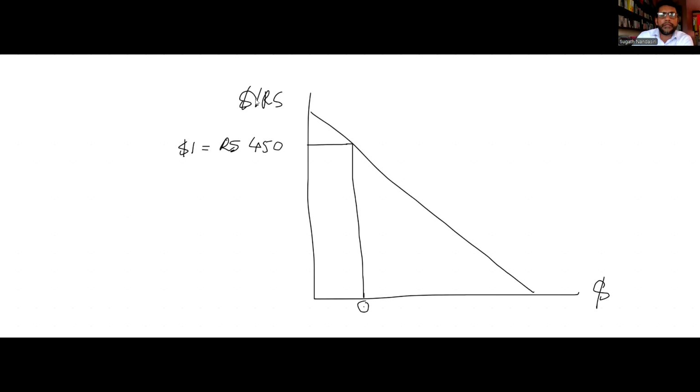But if your rate is low, like $1 equals 200 rupees, then you have to pay only 200 to purchase $1. You buy more dollars. This is the demand curve for foreign currency.